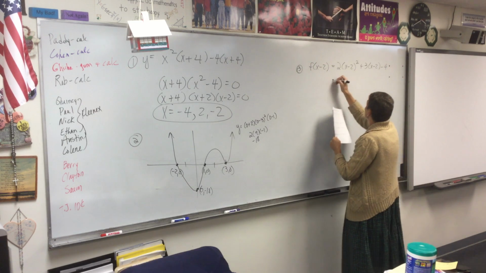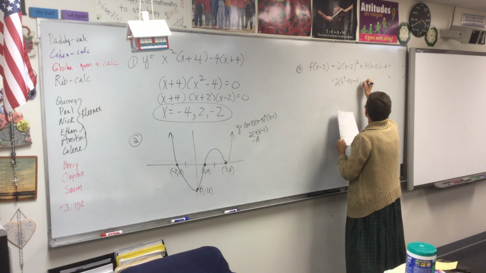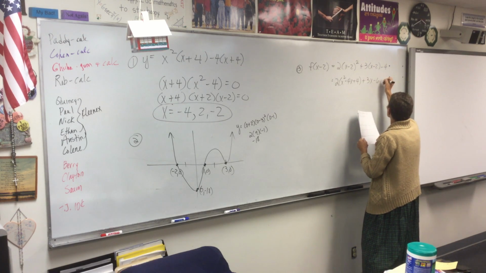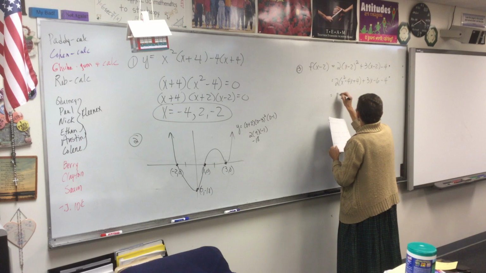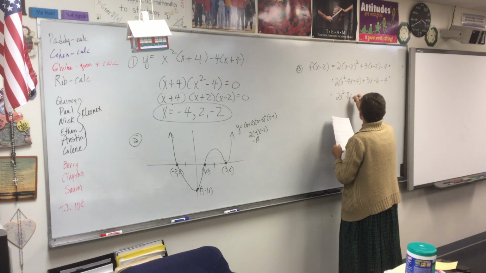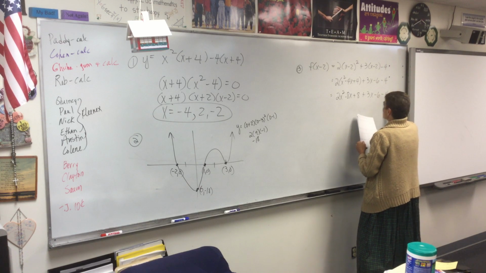Wait, why did it go into this one? Because it's not squared. Yeah, it's squared. But it's going to be t. I was doing it in X order, squared. Yeah. Squared.